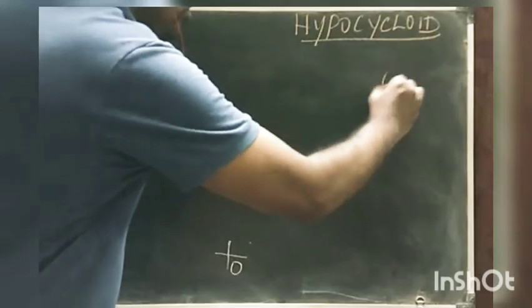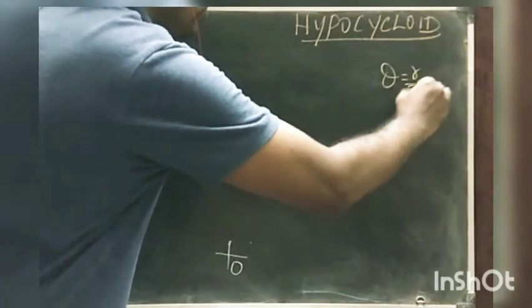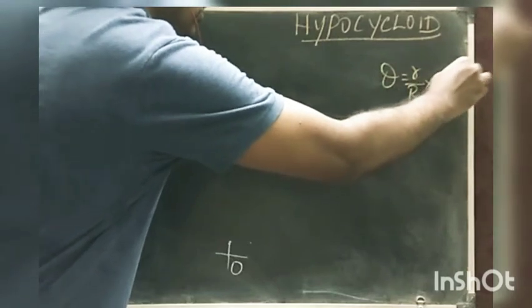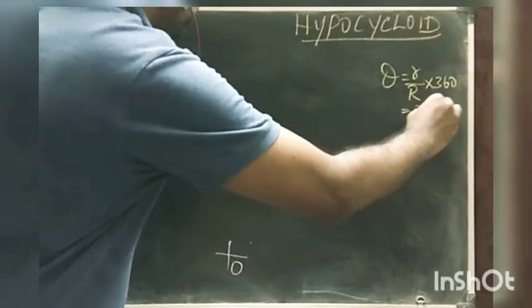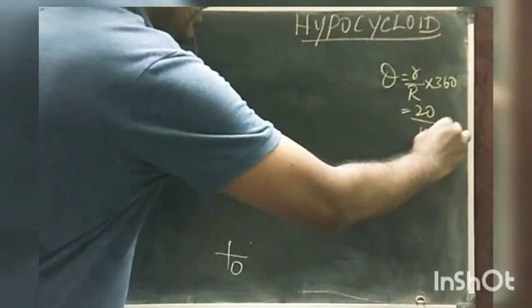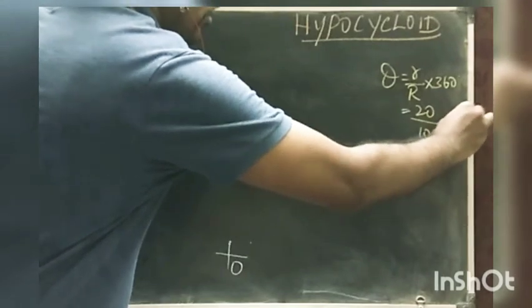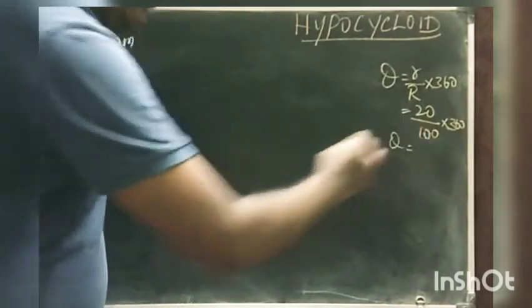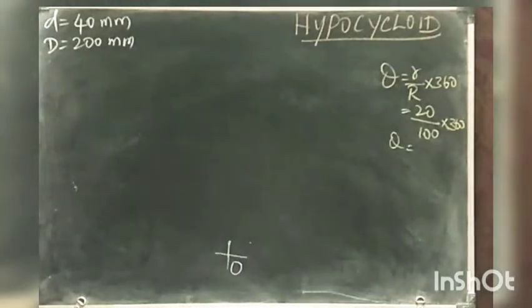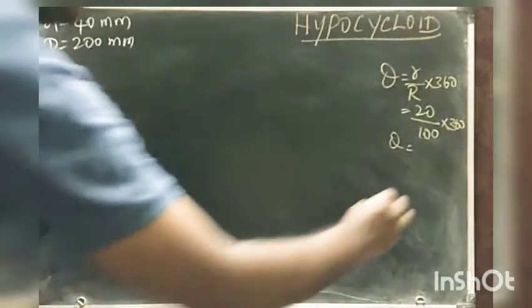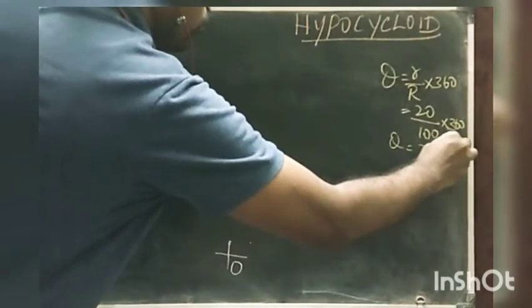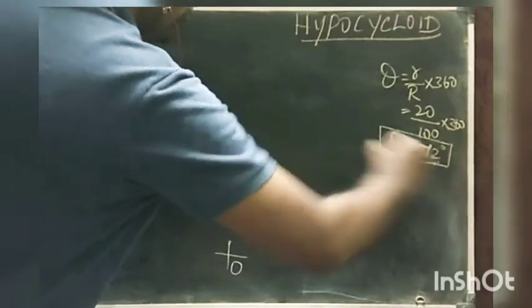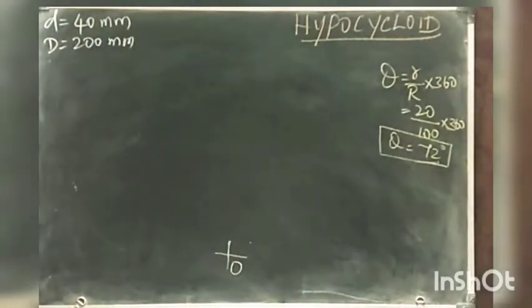As I already told you for the epicycloid, the same formula applies: theta equals small r by capital R into 360. Small r is 20 divided by 100, into 360. So the theta value you get is 72 degrees. So theta is 72.